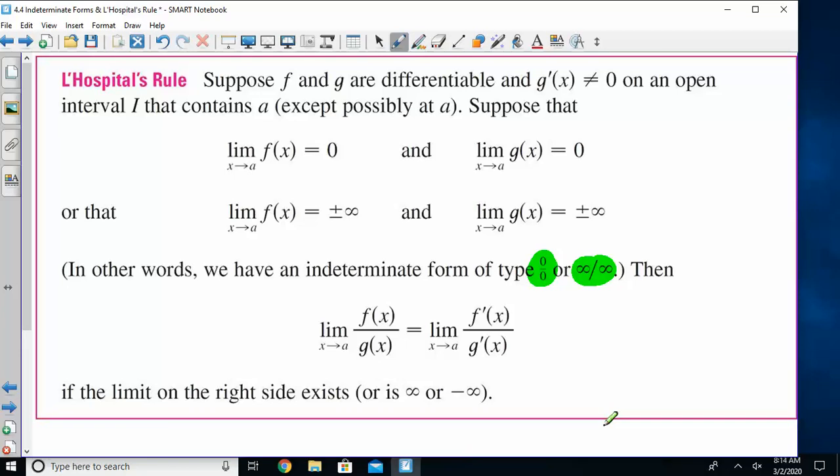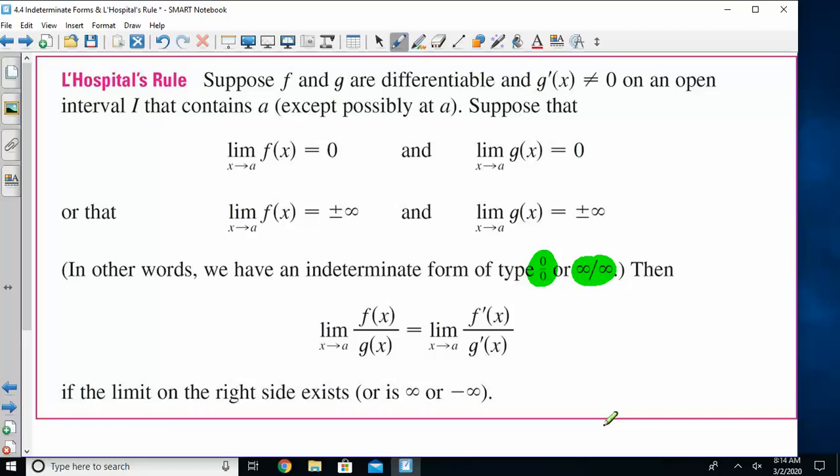It can be like negative infinity over positive infinity, that's okay, or negative infinity over negative infinity, that's okay. But if you have a 0 over 0 or an infinity over infinity, in those scenarios we can do L'Hopital's rule. So we will do the derivative of the top, the derivative of the bottom. So not even a full quotient rule, we're doing the two separately, and then evaluating that one.